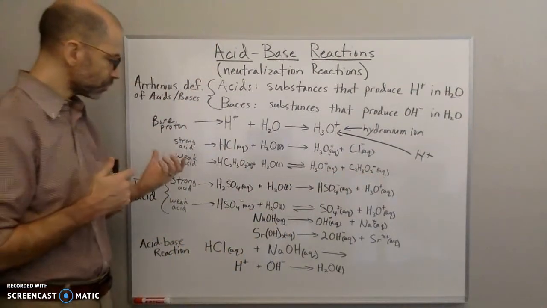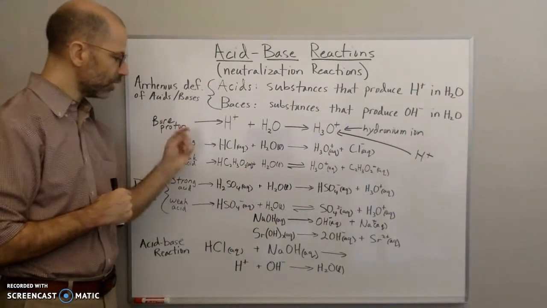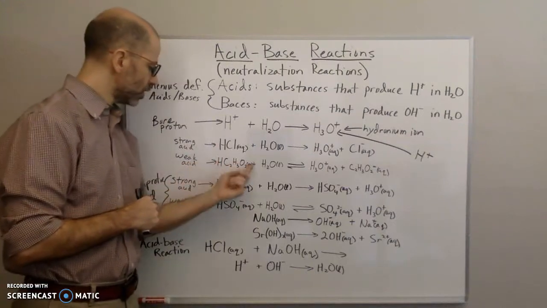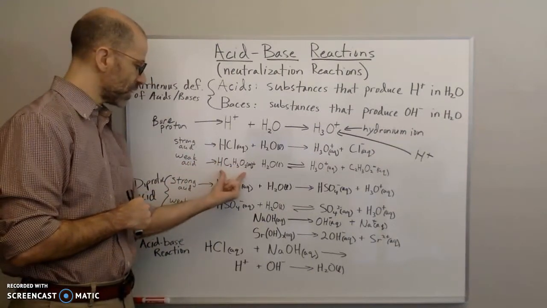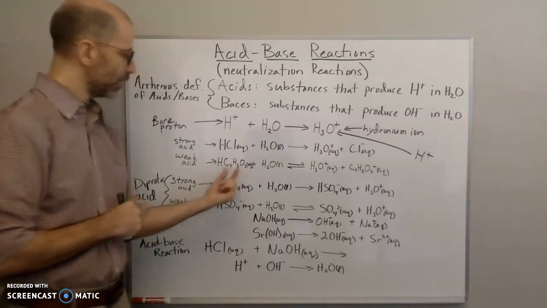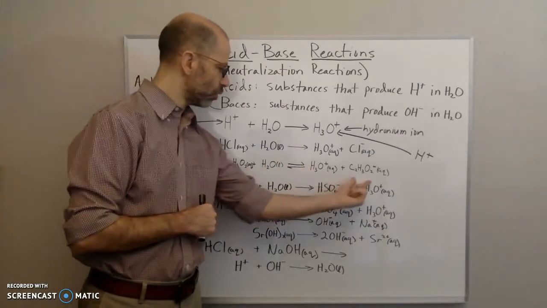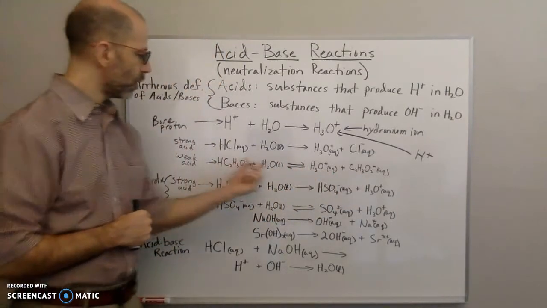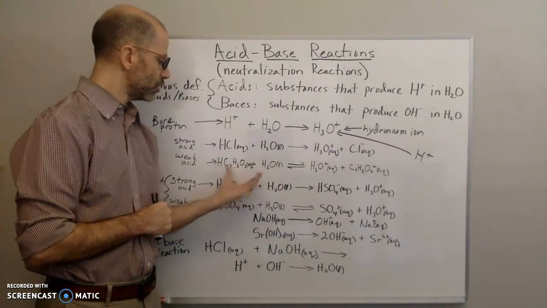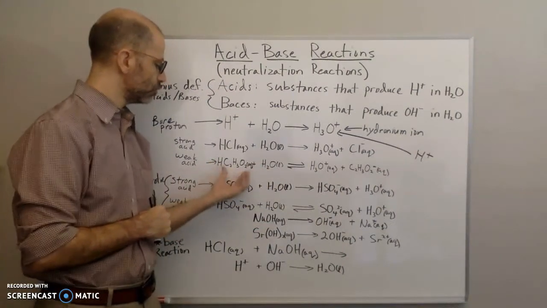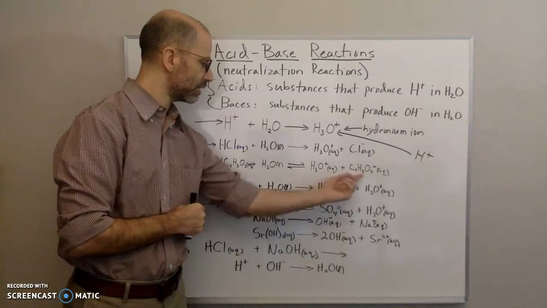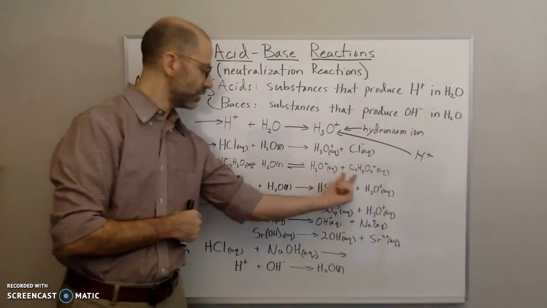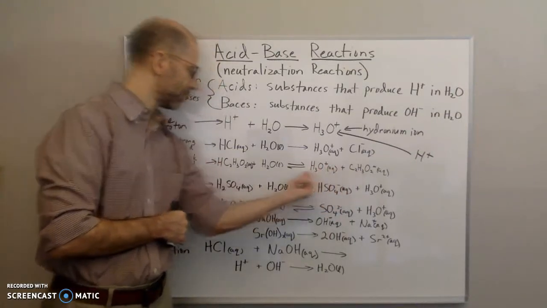Now, this only happens a little bit. Most of the species in water is going to be in this form, and you're going to have a little bit in this form. And then there's equilibrium going on. Some of this is going to ionize into H3O plus and the acetate ion, and then some of this is actually going to combine back.